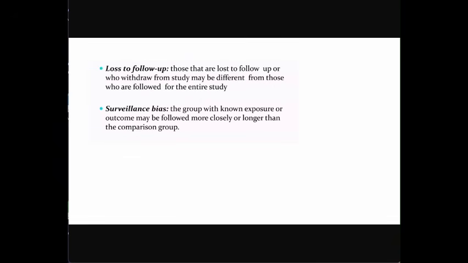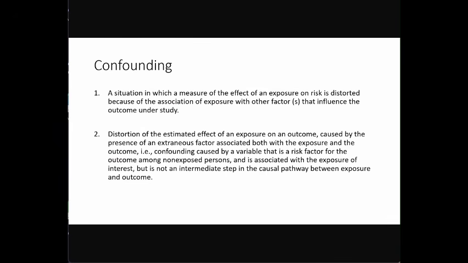Why? Because we know that person is a smoker. We will examine the person's lung far more than we'll examine the one who is not a smoker. That is surveillance bias. We already biased the study by over-examining somebody.